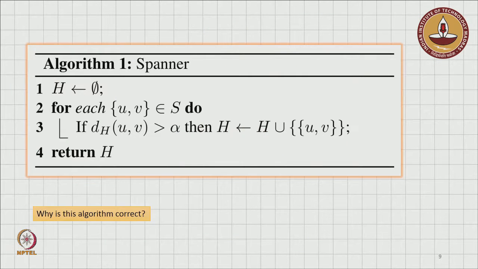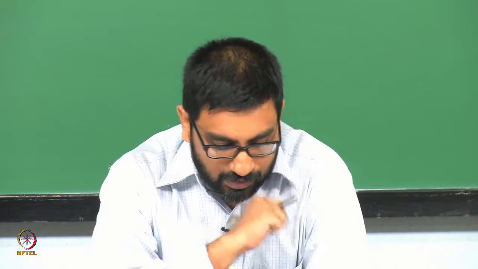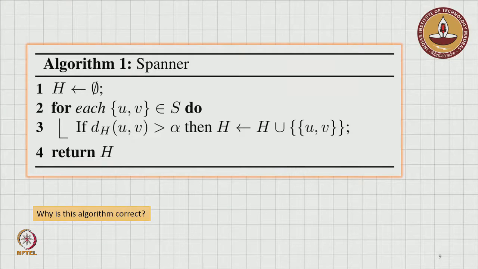So let's look at an algorithm to construct a spanner, and we're going to look at it from the streaming model's point of view. And it's actually very simple. You start with the spanner H being the empty set, and we stream through the edges. So for each edge UV, here's the condition that we need to check.